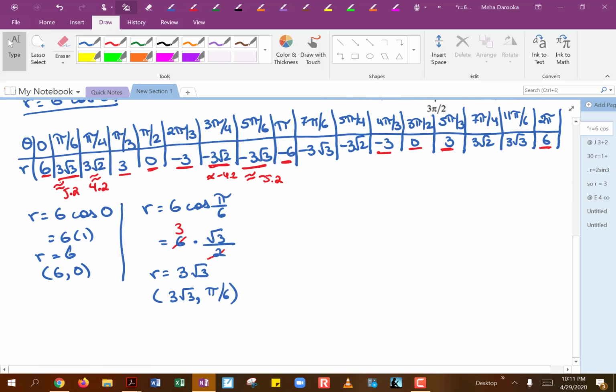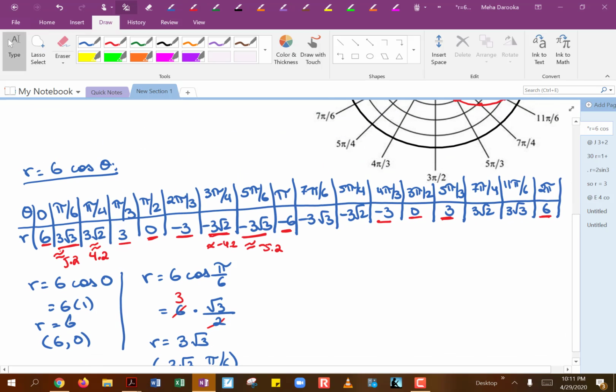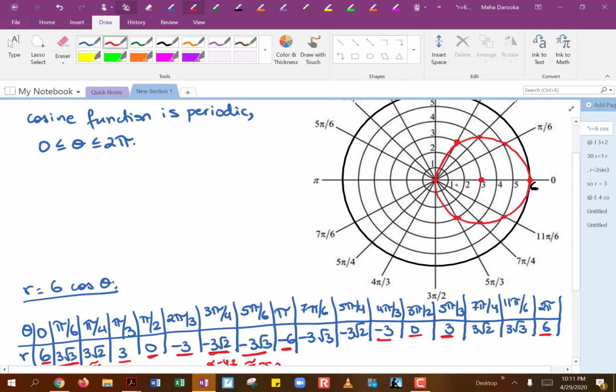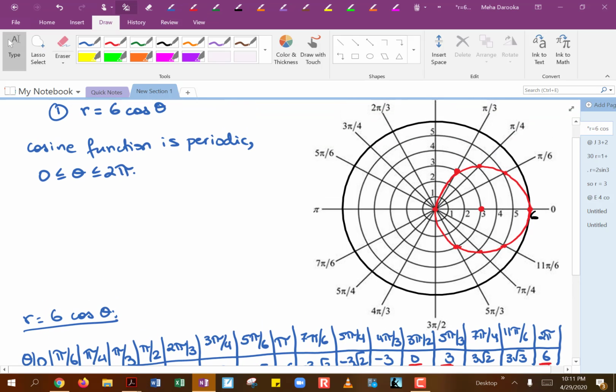Okay, so it may take a little bit of time. Like I said, you want to use more points if you want to find more angles in between, and try and use those, but it should give you a general idea of what this looks like. So basically the graph is a circle.